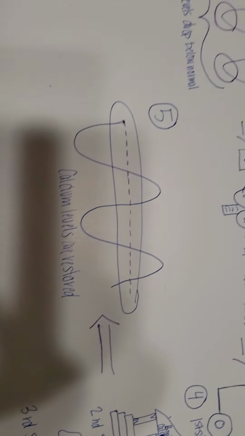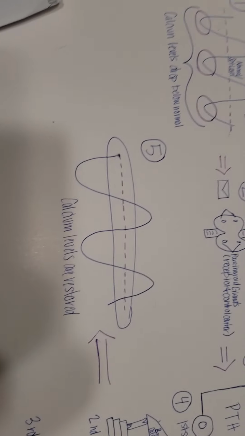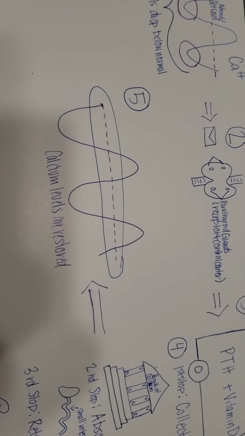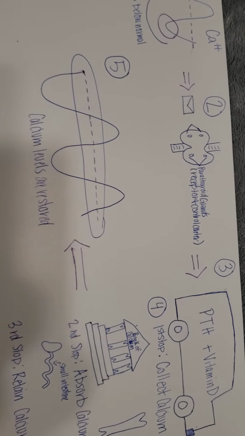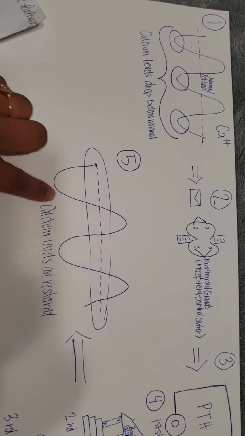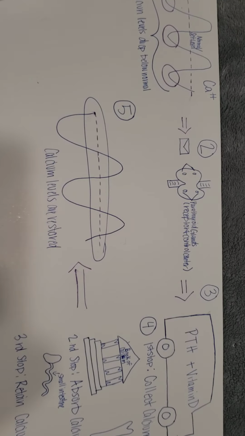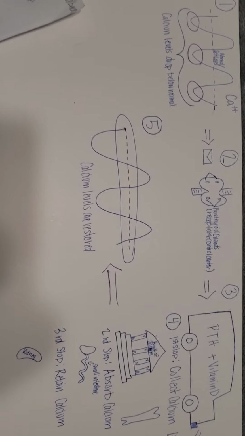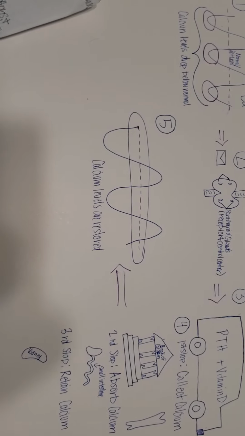So here we have finished our process, and it ties back into here because once we've been here, we stop doing this process until the levels drop back down below normal, and then the process starts over.